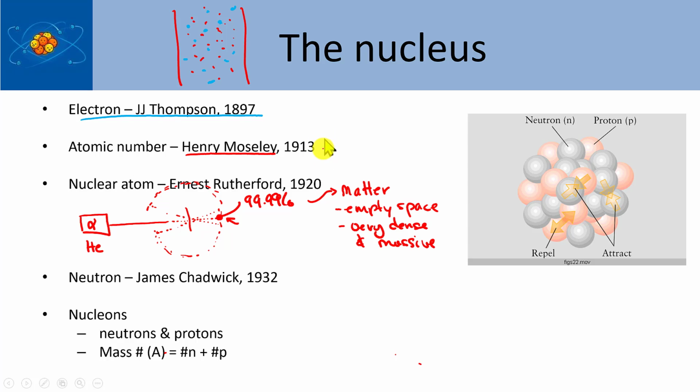Hydrogen had one positive charge, helium had 2, lithium had 3, et cetera. So Henry Moseley is often credited with the discovery of the atomic number, which is the number of protons in the nucleus, and we normally give that the designation Z.